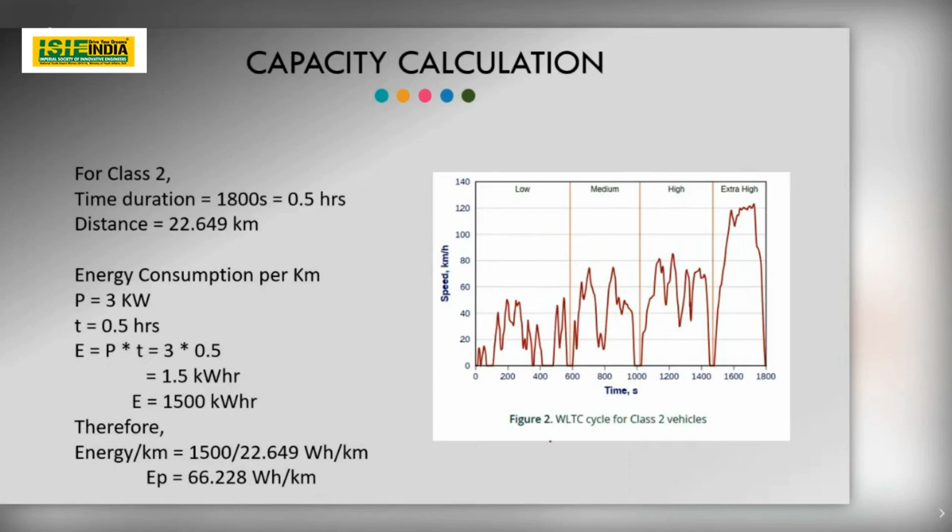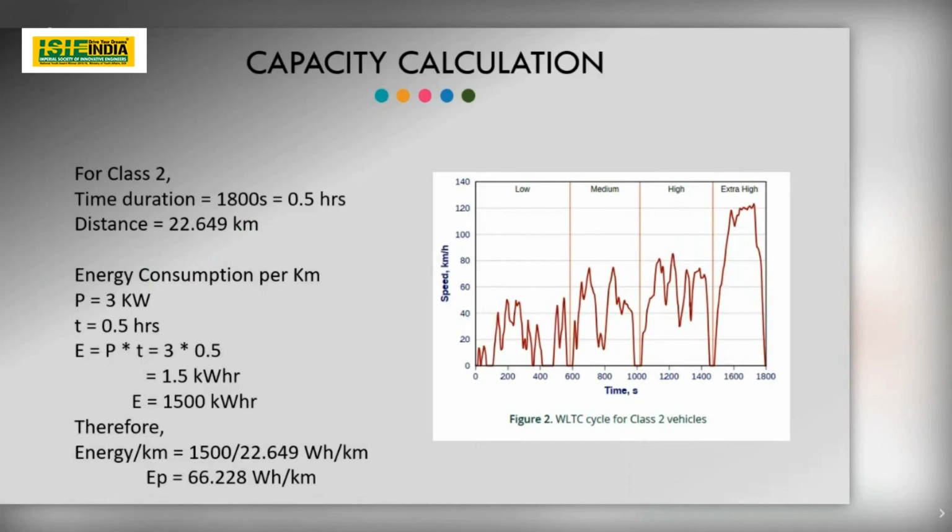So for a class 2 vehicle, in a time duration of 0.5 hours, that is 30 minutes, the distance covered will be 22.649 kilometers.